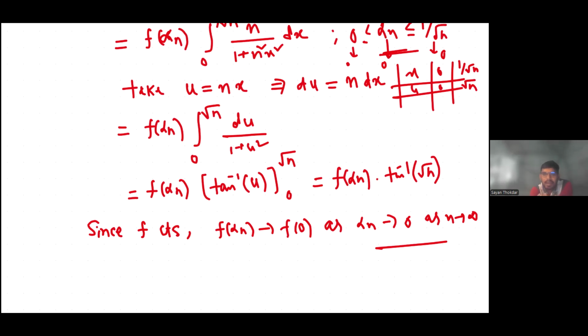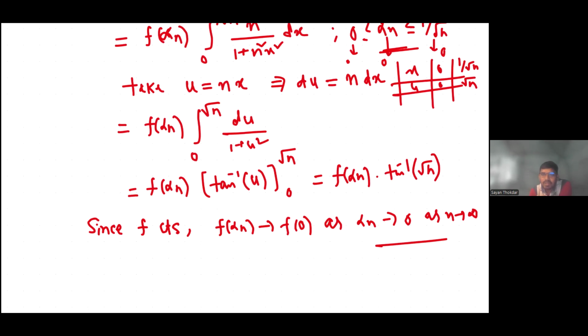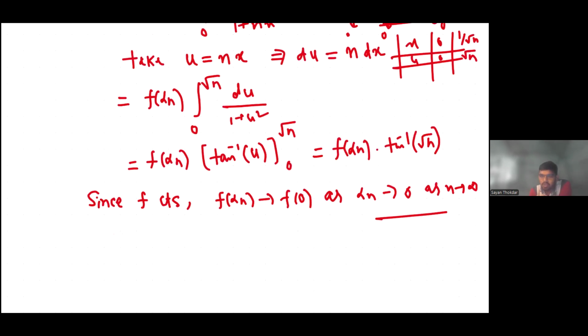And as n tends to infinity, tan inverse square root of n will go to pi by 2. So this limit goes to pi by 2, that means pi upon 2 times f of 0.